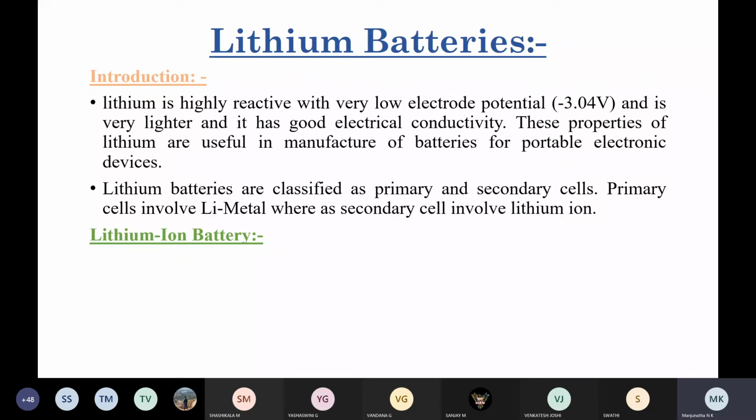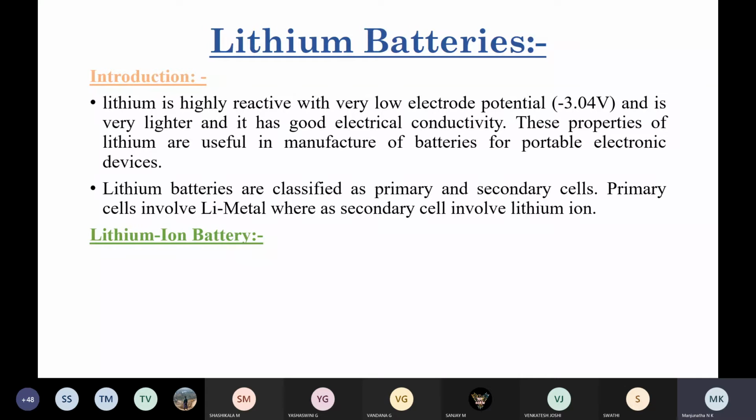The lithium ion battery is an example of secondary lithium batteries, because in secondary lithium batteries we are not using pure lithium metal. Instead, we are using a lithium ion material. For example, in this lithium ion battery, lithium carbon material and lithiated cobalt oxide are used as the anode and cathode materials.